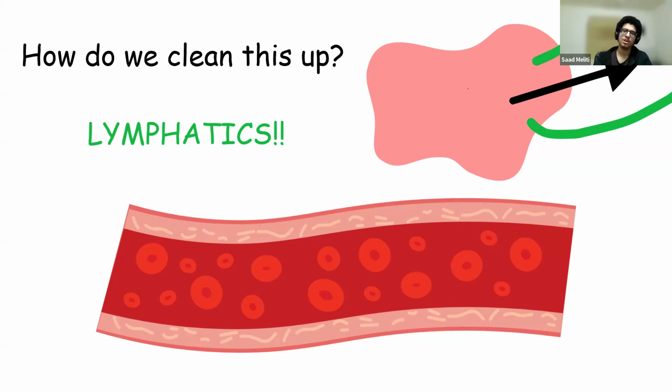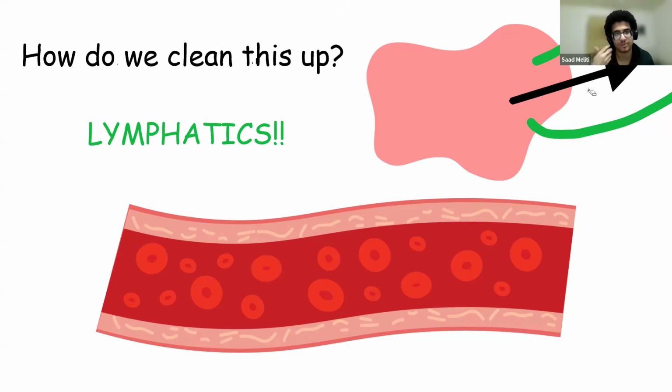So you can already imagine if we had an obstruction in the lymph vessel, we'd have an accumulation of this fluid outside, staying in the interstitial space. We'll explain that a bit more later.